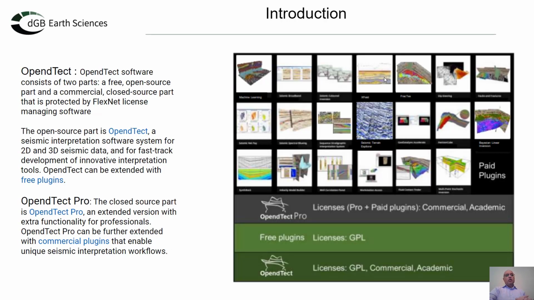So basically, as you know, OpenDetect consists of two parts: the free or open source seismic interpretation platform that users can utilize to do 2D and 3D seismic data interpretation, which includes, but is not limited to, fault picking, horizon picking, etc. On top of that, we have OpenDetect Pro, the closed source part of OpenDetect.